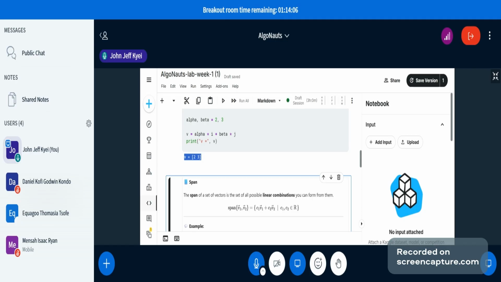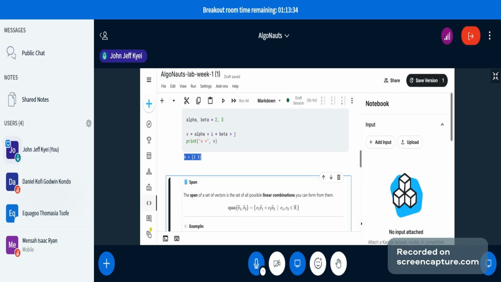We can have a span of a single non-zero vector, which is essentially a line through the origin. We can have a span of two non-collinear vectors, which spans the entire 2D plane. We can have a span of two collinear vectors, which is a line through the origin, and that same line is defined by the vector alone.